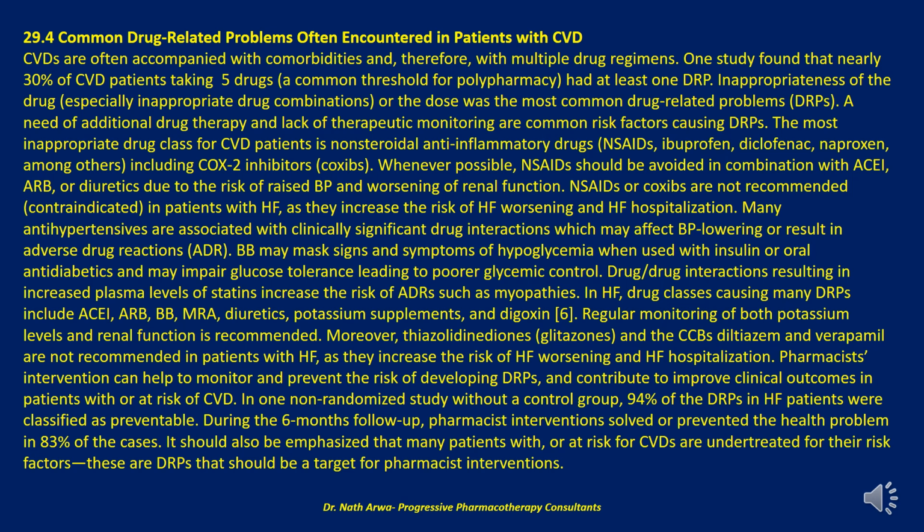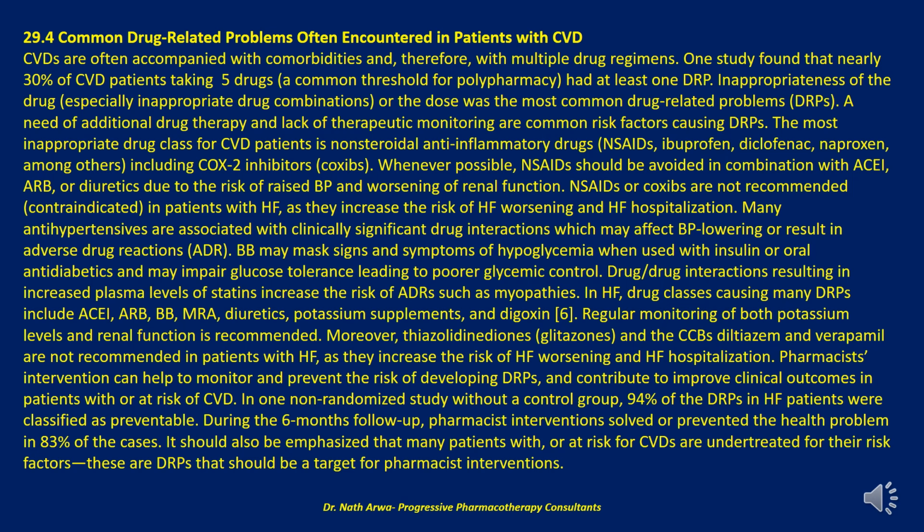Pharmacist's intervention can help to monitor and prevent the risk of developing drug-related problems, and contribute to improve clinical outcomes in patients with or at risk of cardiovascular disease. In one non-randomized study without a control group, 94% of the drug-related problems in heart failure patients were classified as preventable.